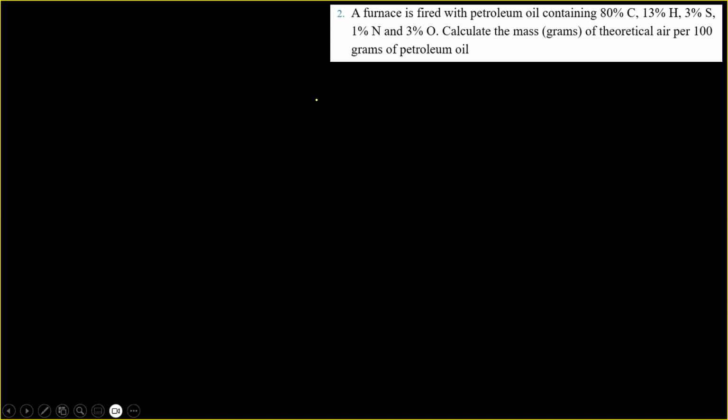A furnace is fired with petroleum oil containing 80% carbon, 13% hydrogen, 3% sulfur, 1% nitrogen, 1% ash, and 3% oxygen. Calculate the mass in grams of the theoretical air per 100 grams of petroleum oil. Look at the given per 100 grams of petroleum oil.